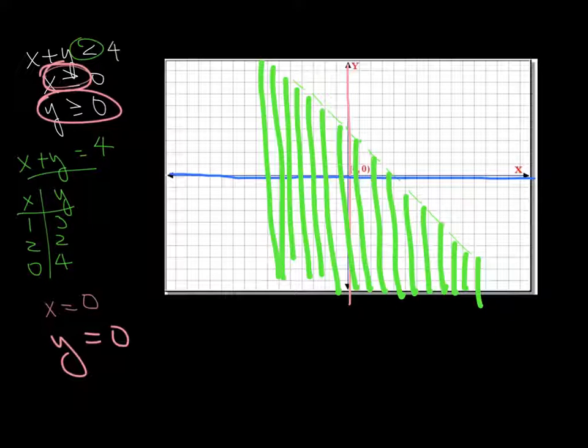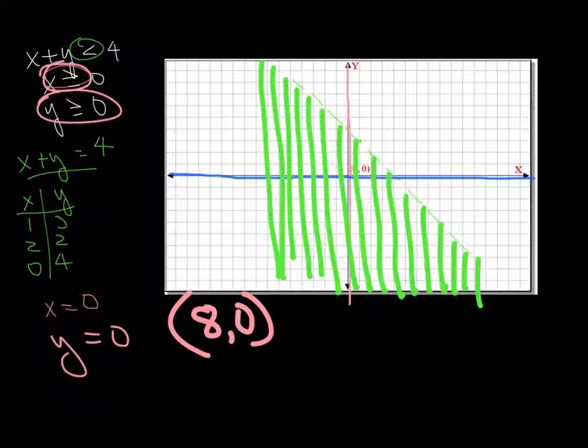Alright, let's look at the second one. X is greater than or equal to 0. That's the pink line right here. So I'm going to look on this side of the red line to see if one of these numbers will work. So I'll pick a number over here like 1, 2, 3, 4, 5, 6, 7, 8. Let's pick 8, 0.